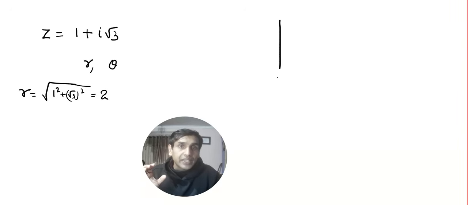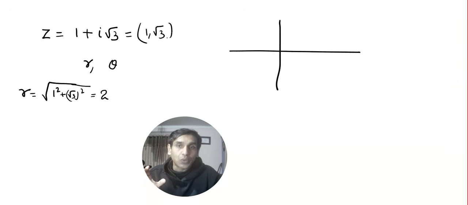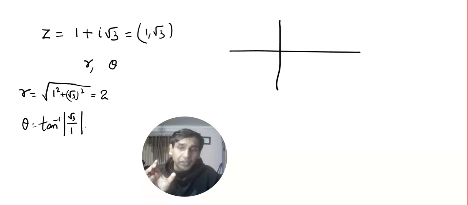Now for theta, I have to understand the quadrant. Look at this. This is 1 comma root 3. 1 comma root 3 is in the first quadrant. So theta is given by tan inverse, modulus means positive value, root 3 divided by 1, and using a calculator or from my basic mathematics, I know this is 60 degree or pi by 3.